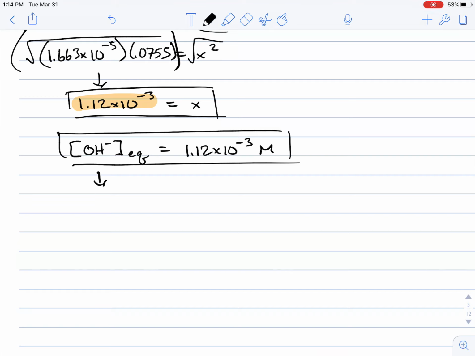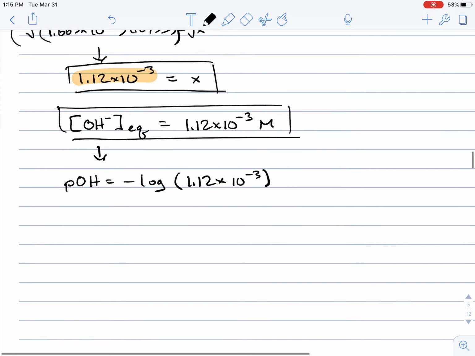And so we can go ahead and determine the pOH first. From the pOH, we can get the pH. And so to determine the pOH, we're going to take the negative log of that answer. If you plug that into your calculator, you're going to get 2.95078, and there's probably a whole bunch of numbers after.